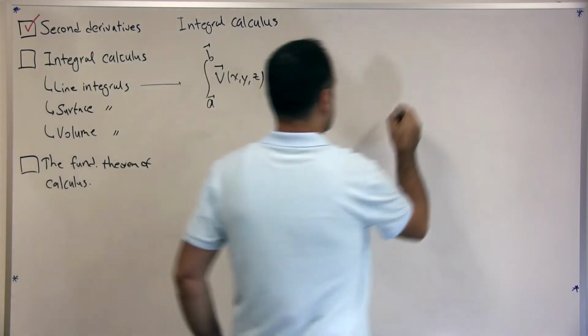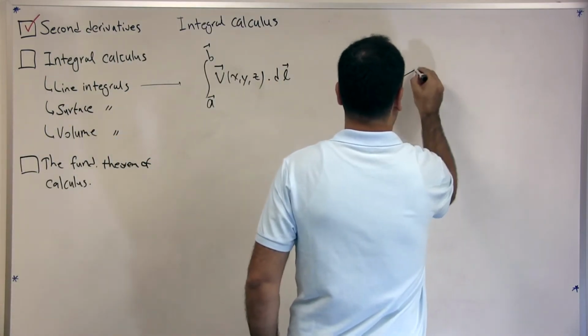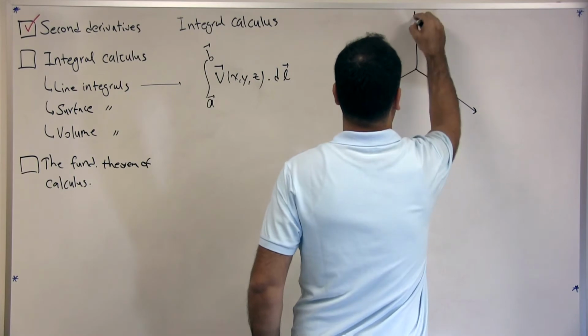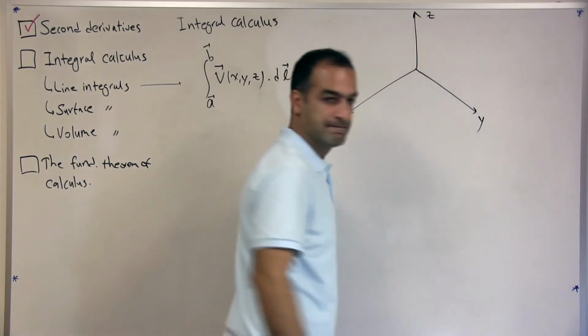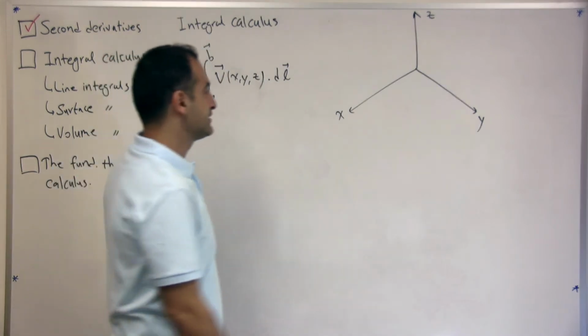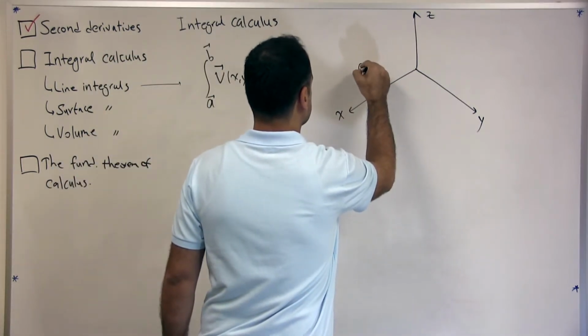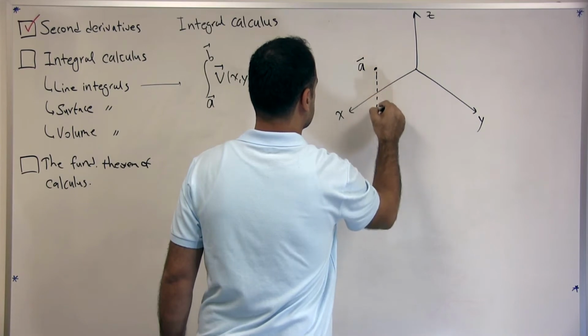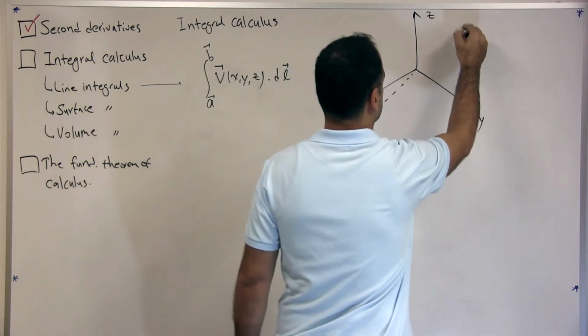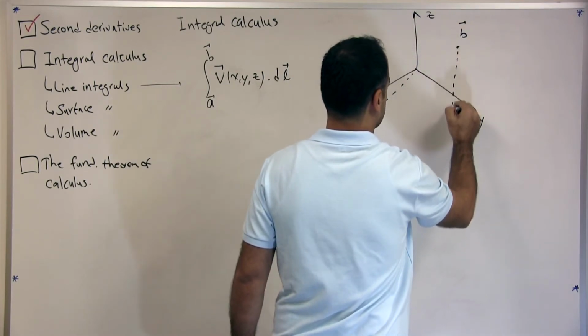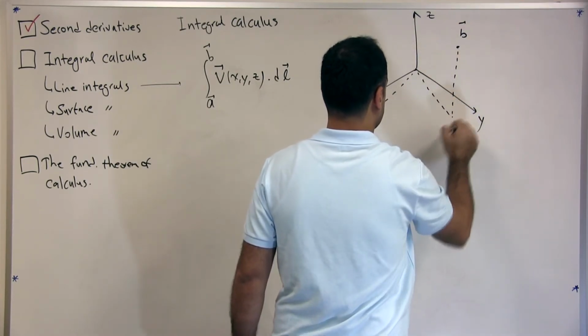If you want to imagine this, let's look at a coordinate system with x, y, and z. Let's say we have a point A here, and imagine we have a point B in space, here.